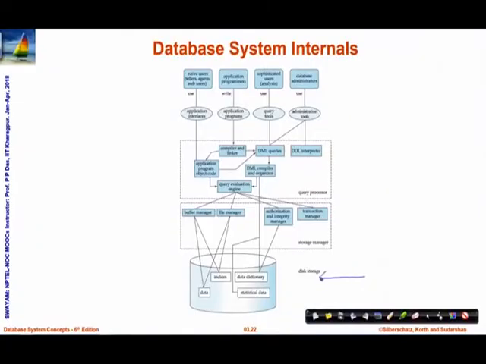As you can see, the whole system is layered. This is your basic physical layer, this is your final view layer, and in between is the logical layer that you deal with.